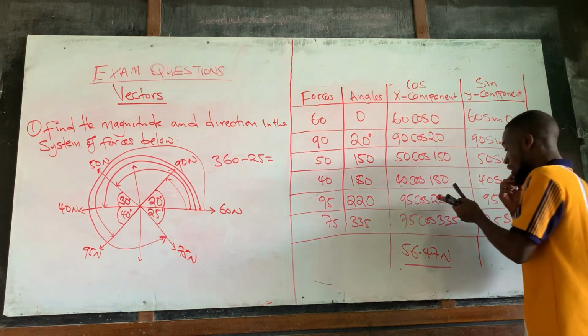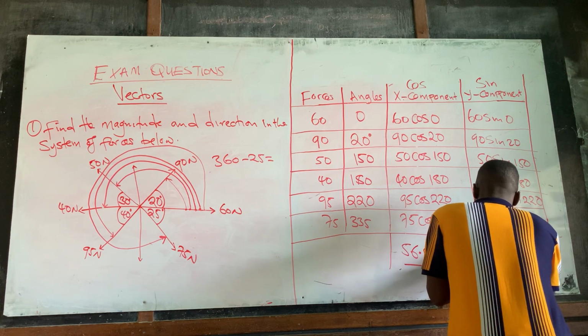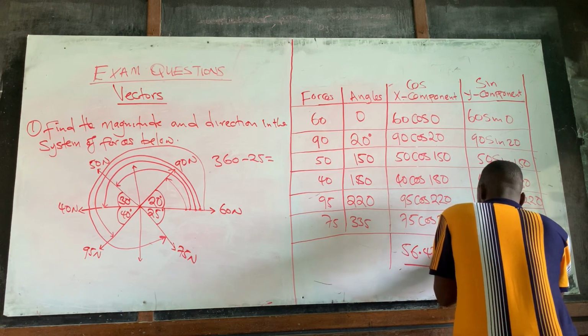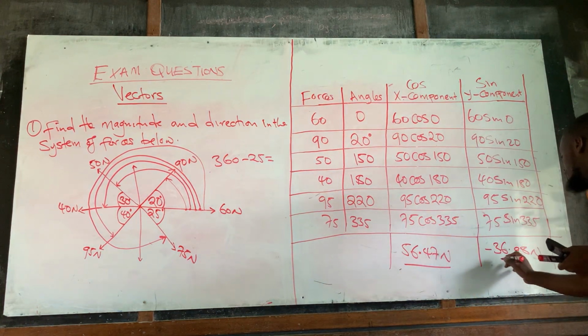So here is giving us negative 36.98 newtons there. Okay?